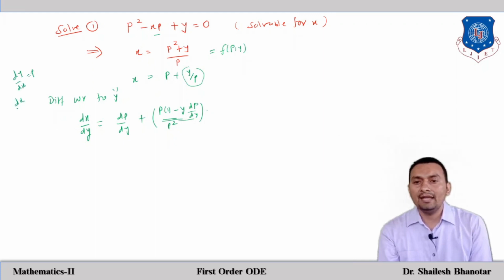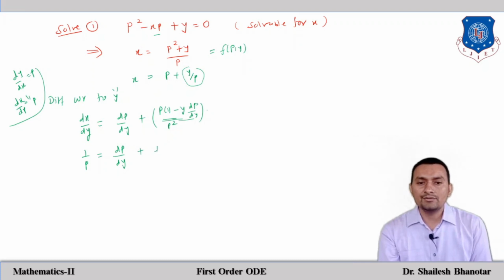So whenever I write dx by dy, then that is 1 divided by p. So this is 1 divided by p, and this is dp by dy. Now I'm just going to divide separately. So 1 divided by p minus y divided by p square into dp by dy.